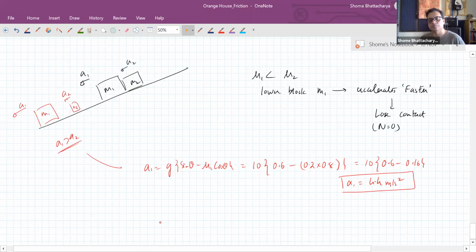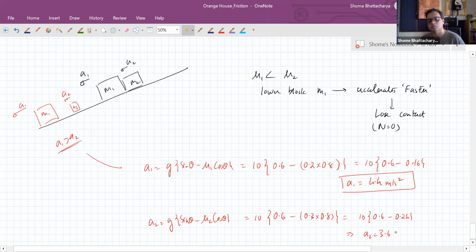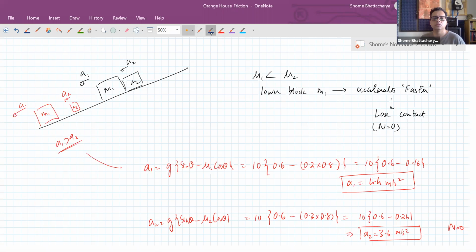And a2, and contact force between them is zero. So there is no contact force.